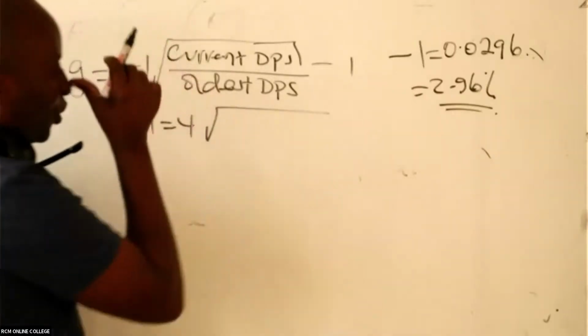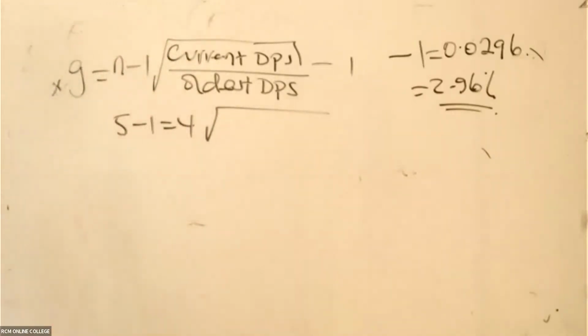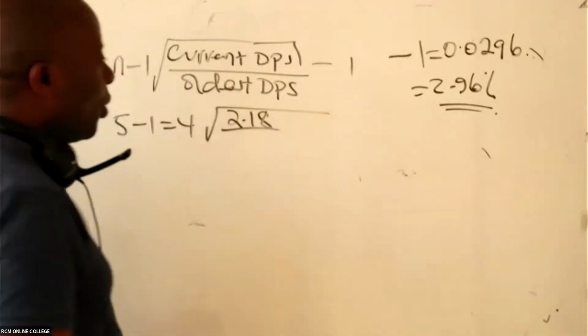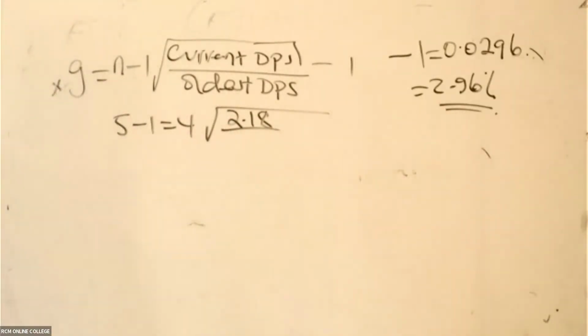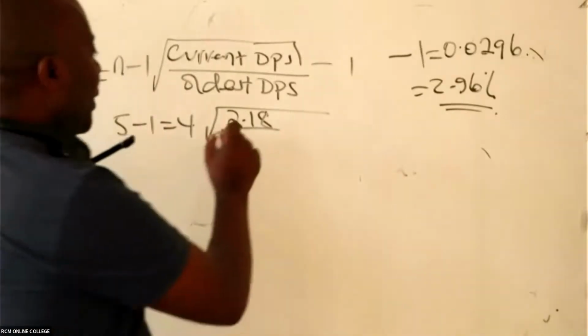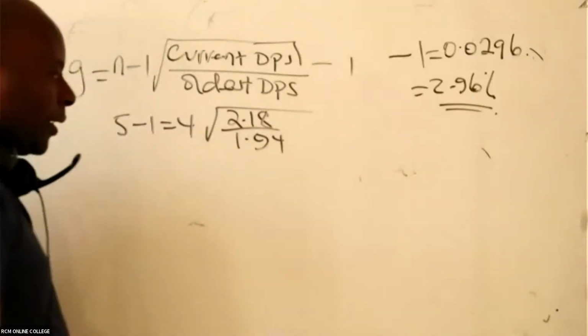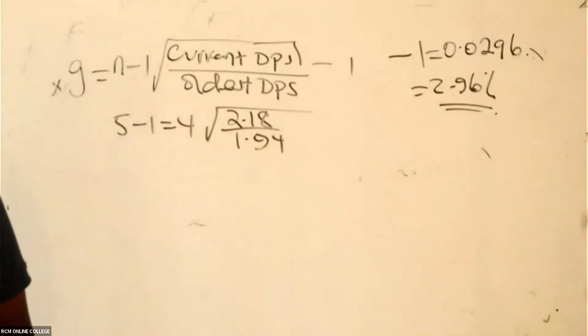So the 4th root of the current DPS, the most current is 2.18, over the oldest DPS, which is 1.94. I will do this part separately, and then take away 1 later.